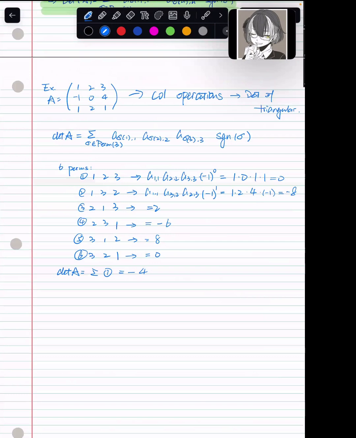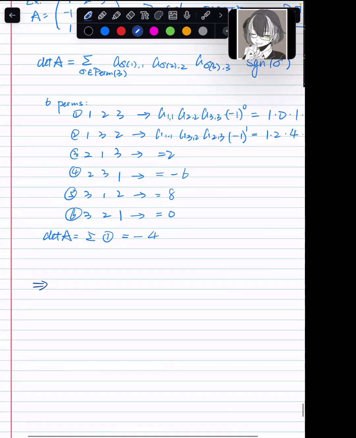Okay, so actually we can conclude some method that helps us in the future.